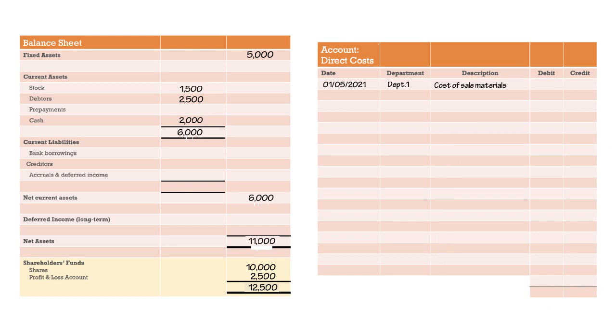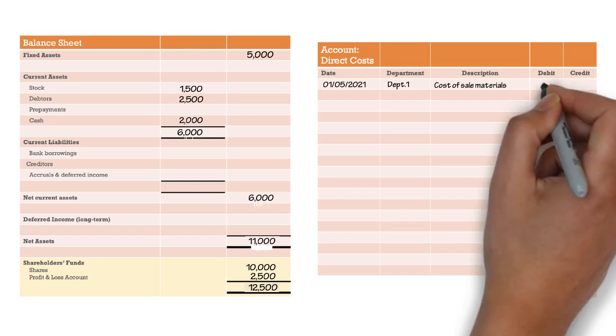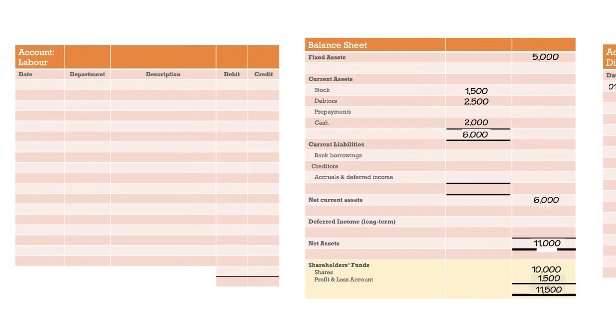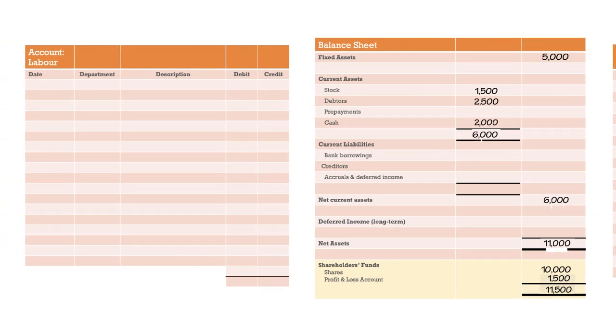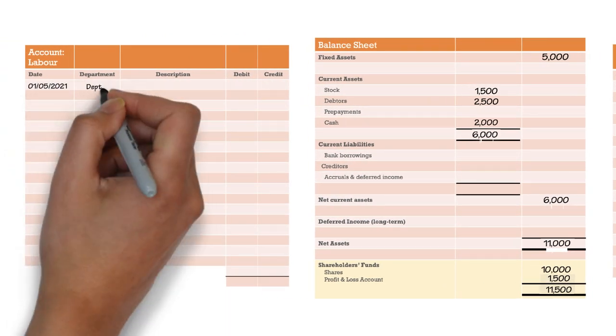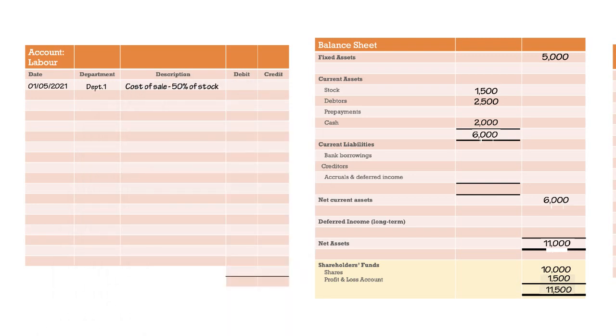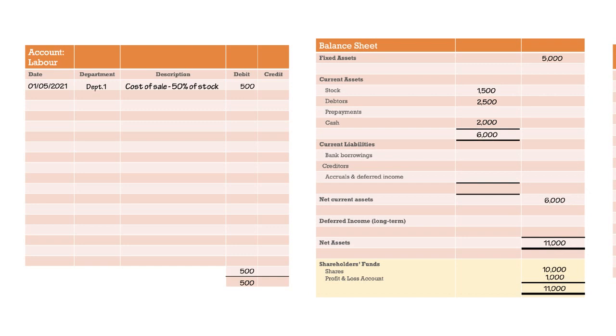Therefore, we record that half of the raw materials have now been sold, and half of the raw materials will be worth £1,000. We'll then go to the labour account, and there we'll record that again against Department 1, we've sold 50% of our stock, and the labour content of that stock we initially paid £1,000 for. So the labour content of half of the stock must be £500.